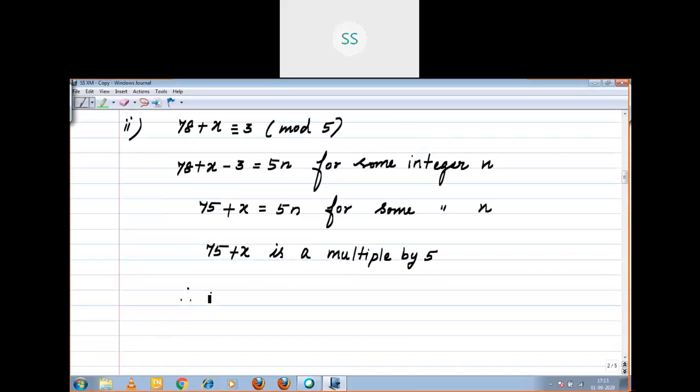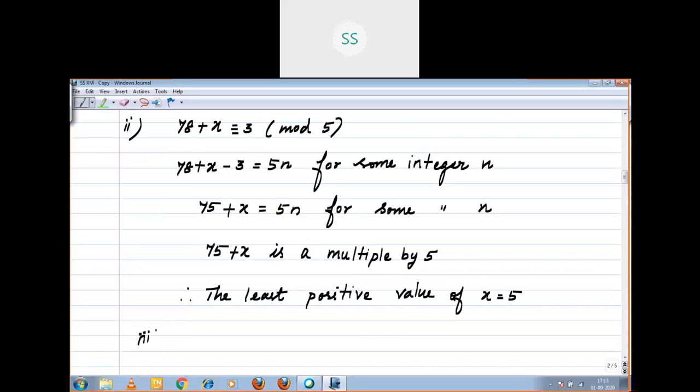Therefore, the least positive value of x is equal to 5. Third subdivision.